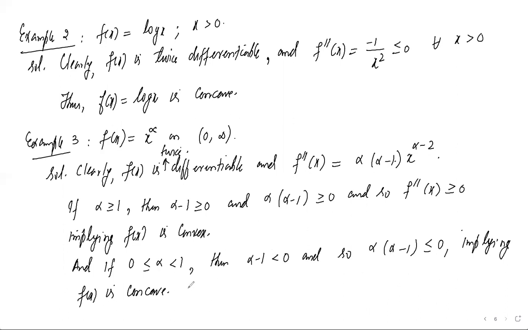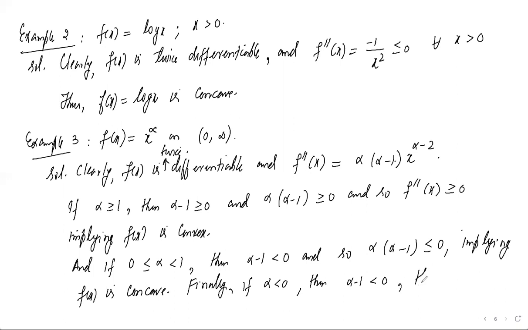And finally, if alpha is less than 0, then alpha minus 1 is again less than 0, because in fact alpha minus 1 will be less than minus 1. So this is again less than 0.